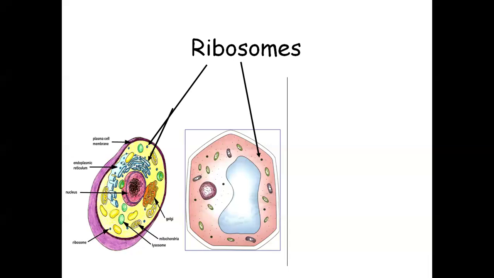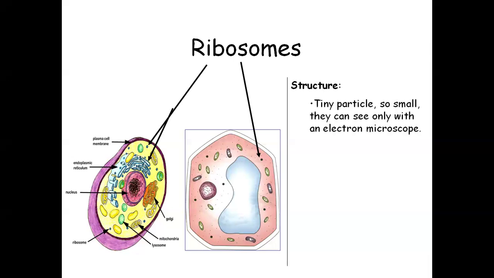Okay, and this ribosome will be round in structure, and this is called as the protein factory of the cell. Almost all the proteins are produced with the help of these ribosomes. They are the factory for protein synthesis.